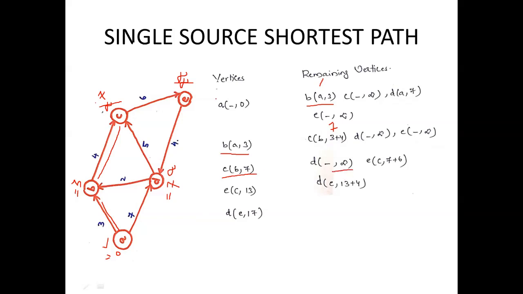And from C to E, as of now the weight is 7, and now this 7 plus 6, the infinity is updated with 13. So this value is updated to 13.